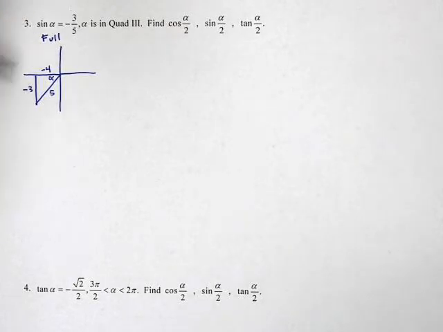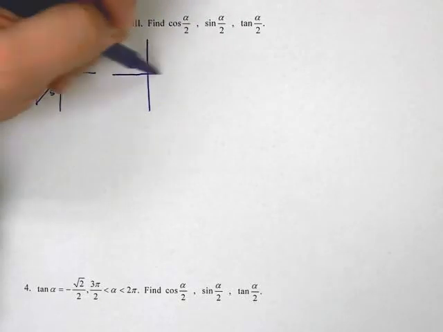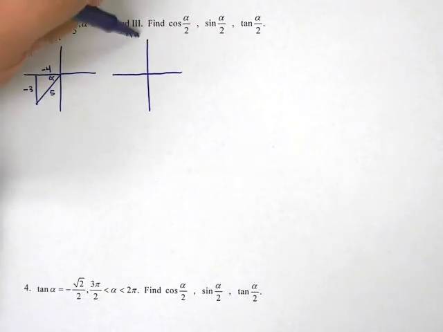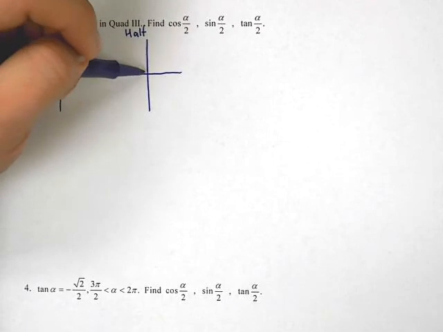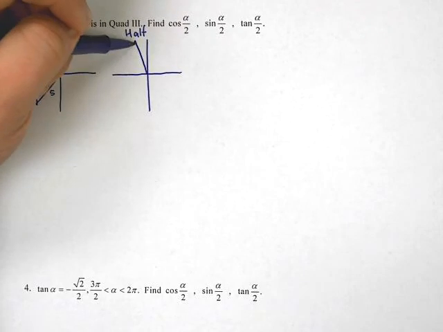So now I have all my information about the full angle, and I can plug in cosines or sines or tangents, whatever I need. It's also a really good idea to understand where your half angle is going to be. And again, we need that because that is going to dictate the sign of those square root bars in our formulas. So because my angle is in quadrant 3, I know when I take half of it, that's probably going to be maybe something like that.